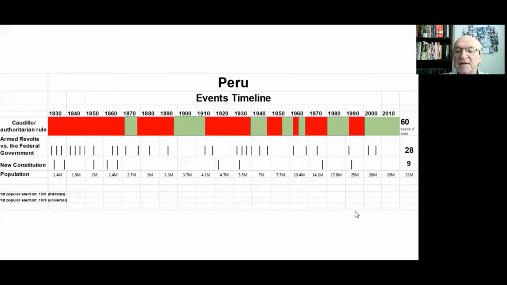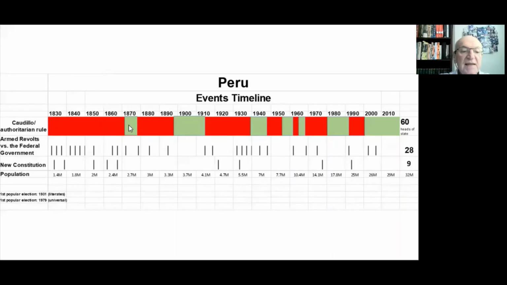The first one, in 1836 to 1839, was with Bolivia. Essentially, it was the attempt to unify the two countries that eventually, of course, did not succeed. In 1857 to 1860, Peru had a war with Ecuador, during which it took a huge chunk of territory from Ecuador and annexed it to Peru.